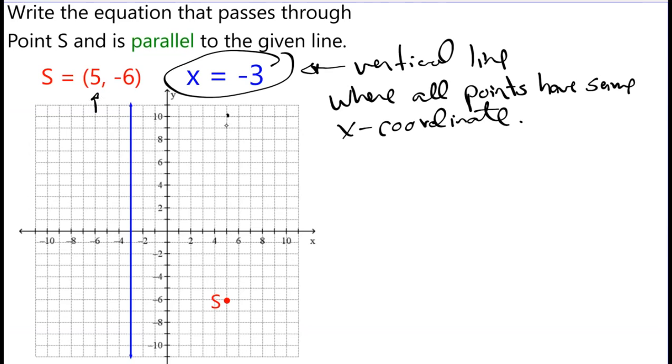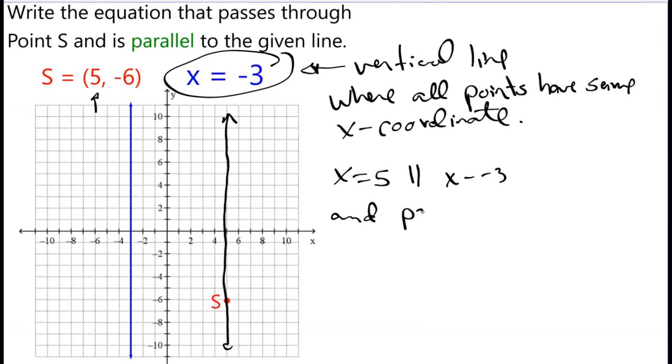If we were to draw a line through x equals 5, that would pass through point S and be parallel to the given line. X equals 5 is parallel to x equals negative 3 and passes through the point 5, negative 6.